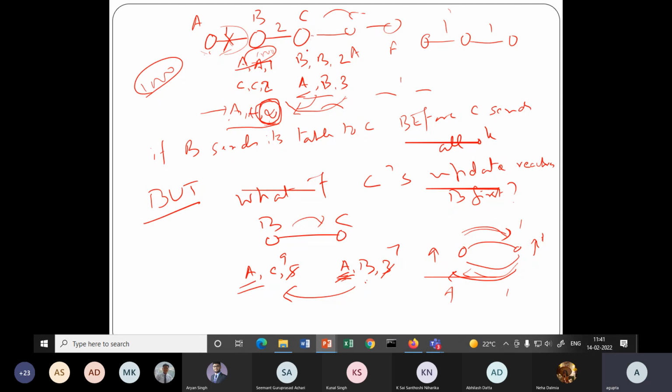C telling B, not A telling, C telling B that I have a route through A through B. Is there any benefit? What will B do with it? Right? B cannot do anything with it. There's no extra information to do this.